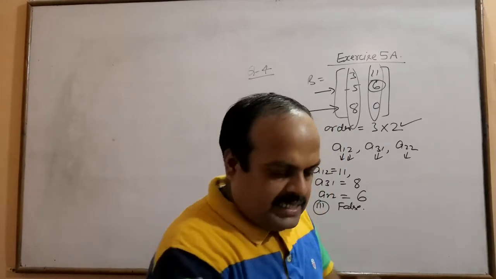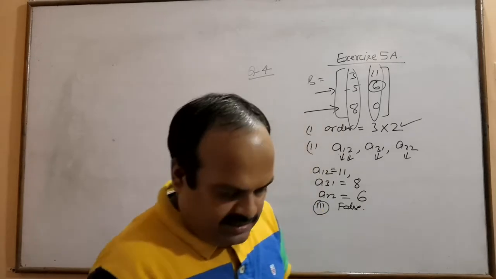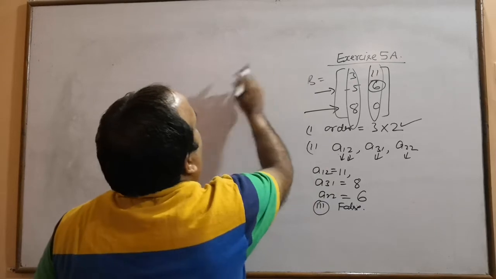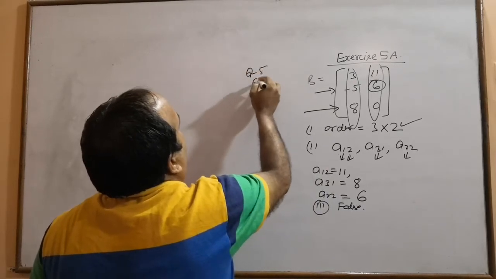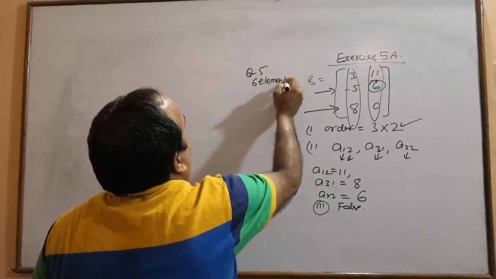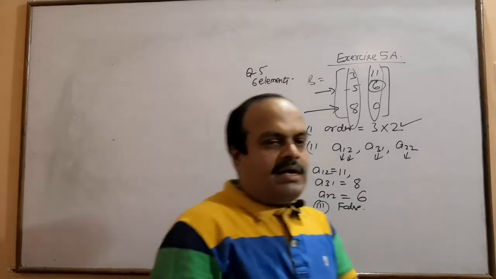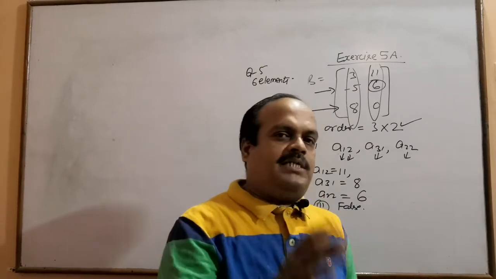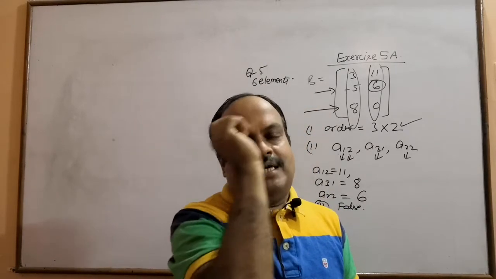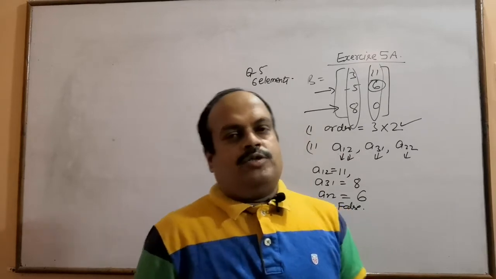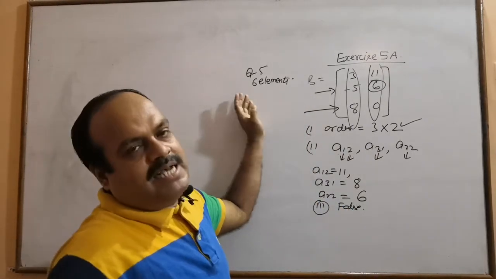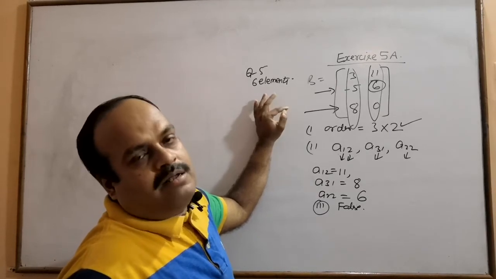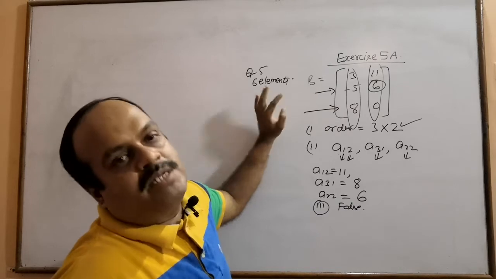A matrix has 6 elements. Write the possible order of the matrix. I have told you, when we multiply the number of rows and number of columns, the result is the same as the number of elements in that matrix. So if a matrix has 6 elements, the product of the number of rows and columns will be 6.